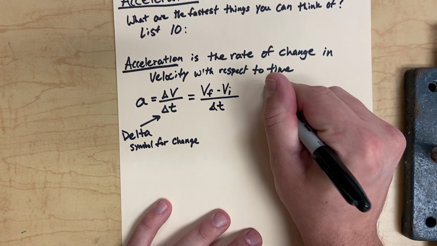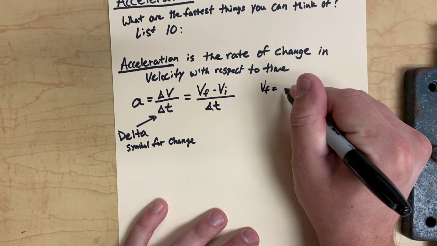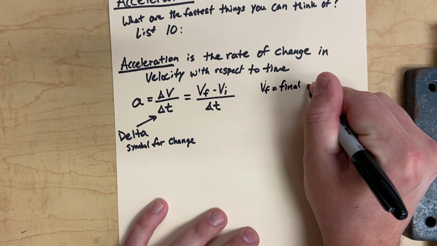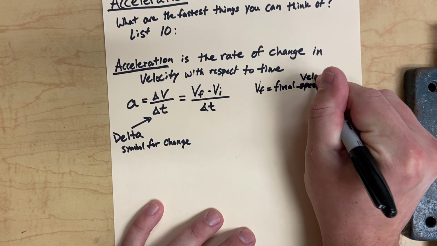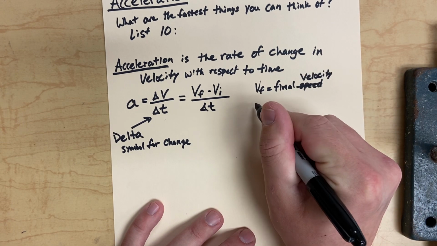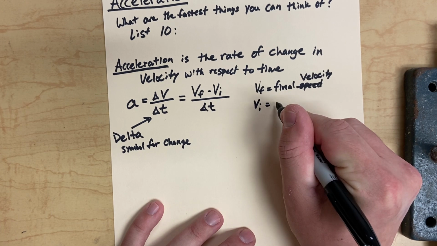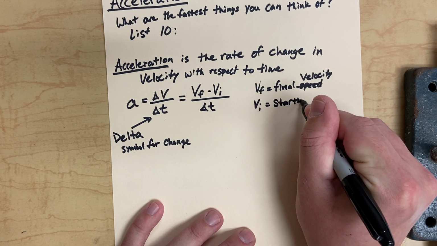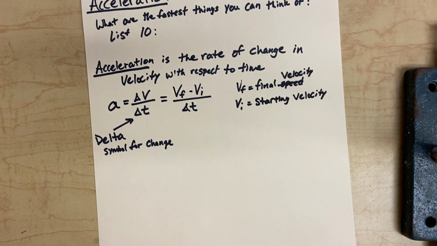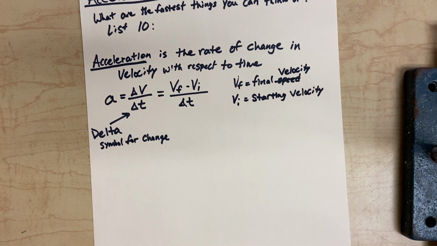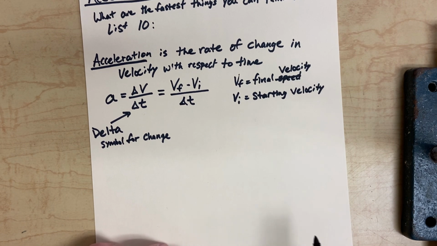So vf equals final velocity, and vi is the starting velocity. The i stands for initial, but sometimes when I say initial it doesn't always make sense, so using starting velocity or speed helps.